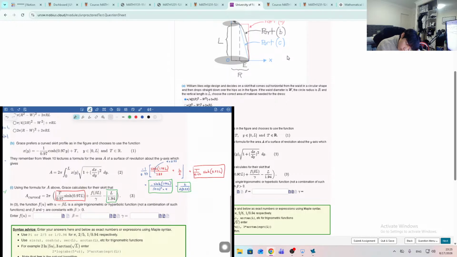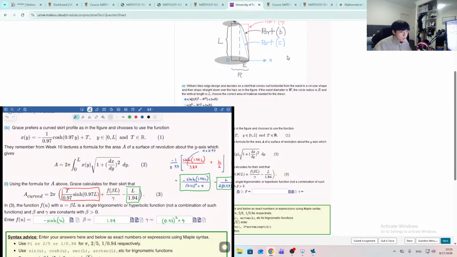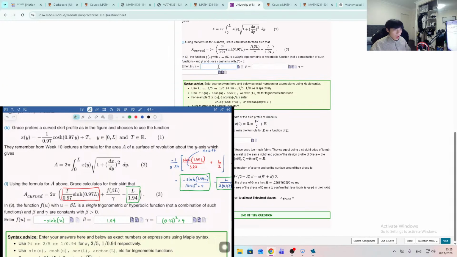And now this should be this. So f of u should be minus shine u. We should have 1.94 beta, and gamma is equal to this squared times 4. Wow.